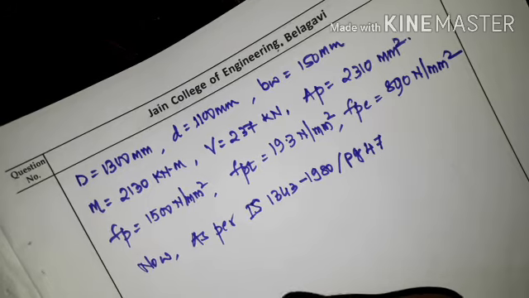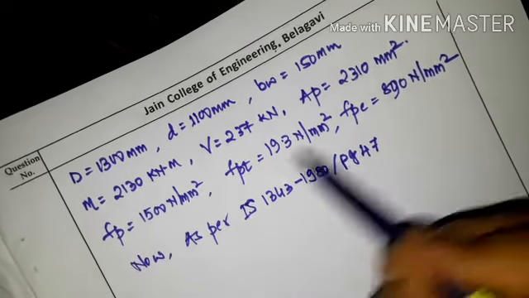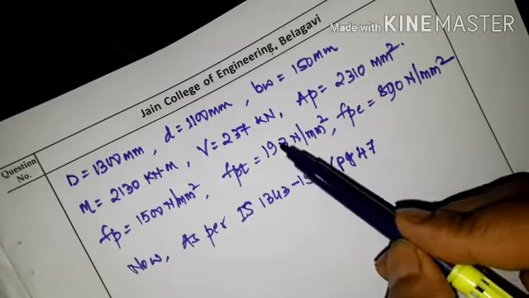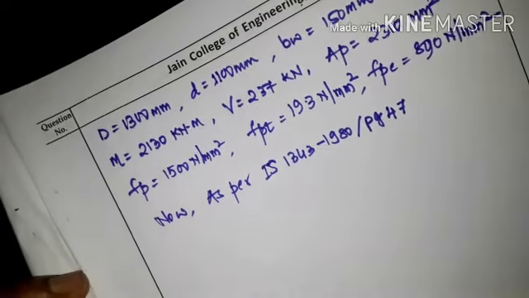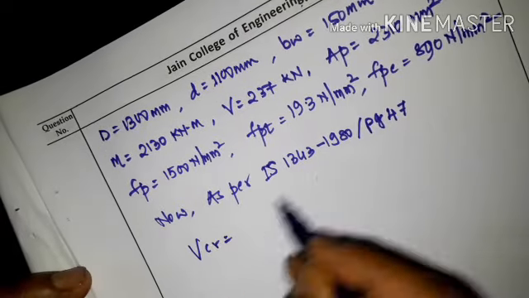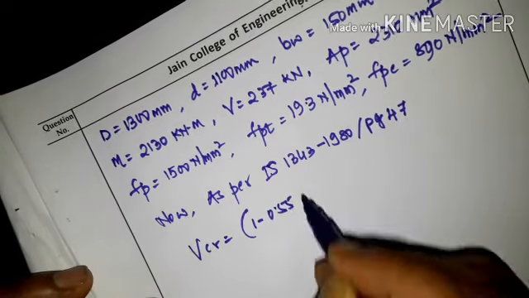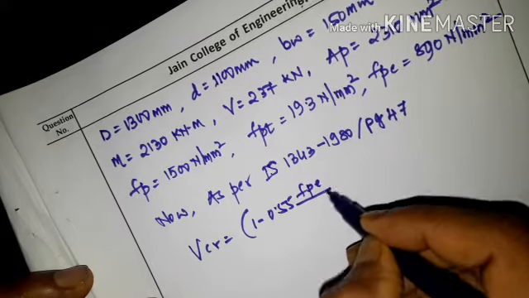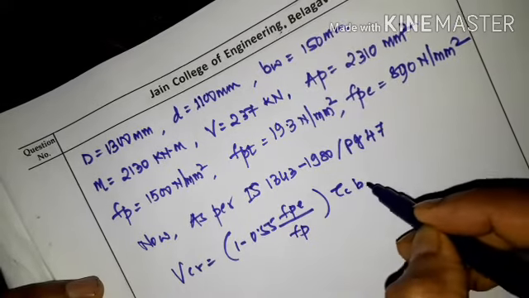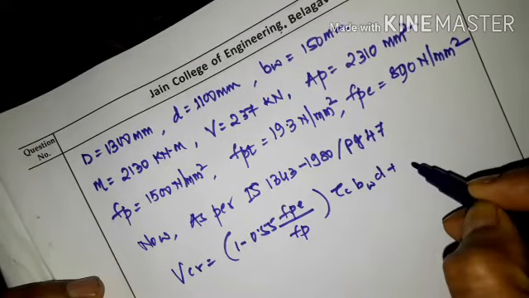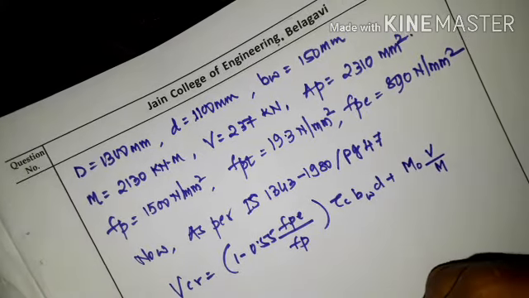Which is mentioned in IS 1343 1980. As per the given data, you refer to the given data. Which given data is suitable for which formula, that formula you have to adopt. So here it is given as Vcr is equal to (1 minus 0.55 fpe upon fp) tau c bw d plus M naught V by M. This is the formula mentioned in the code.